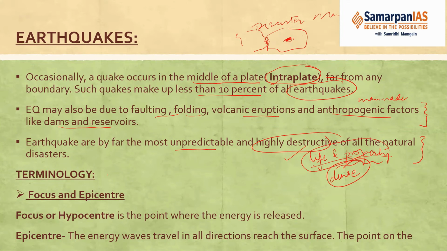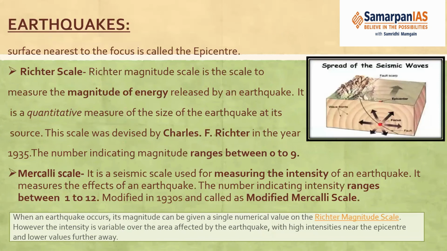Now, there are a few terms which are used in respect to earthquakes. First of all, what is focus and what is epicenter? Both are different things. Focus is also called hypocenter. It is that point in the interior of the earth from where the energy is released. If you see this diagram, focus is here.